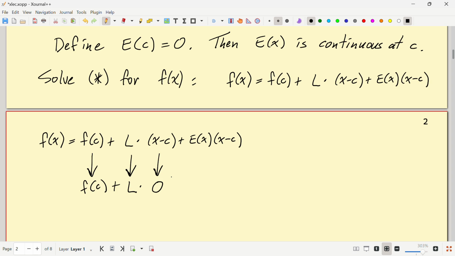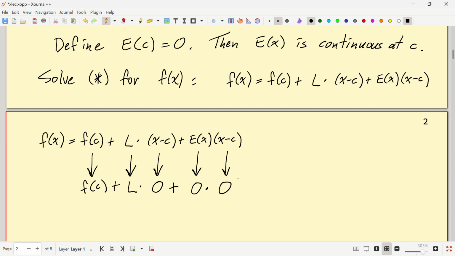So we're using the limit of a product is the product of the limits, etc. And then finally, the one that's interesting here is I have this E of x tends to 0. And of course, x minus c also tends to 0.